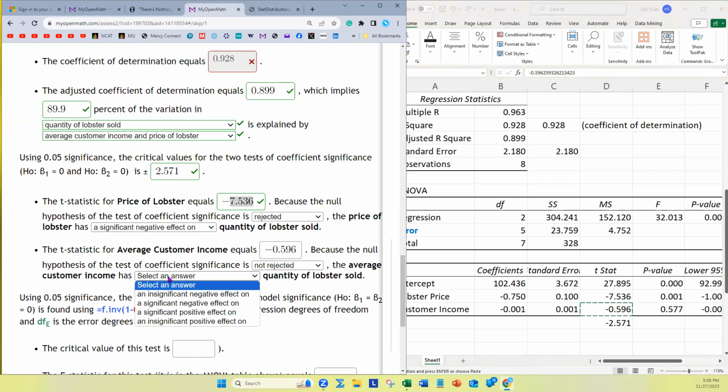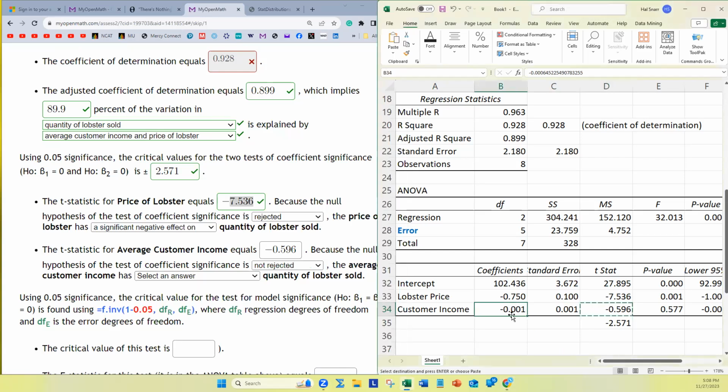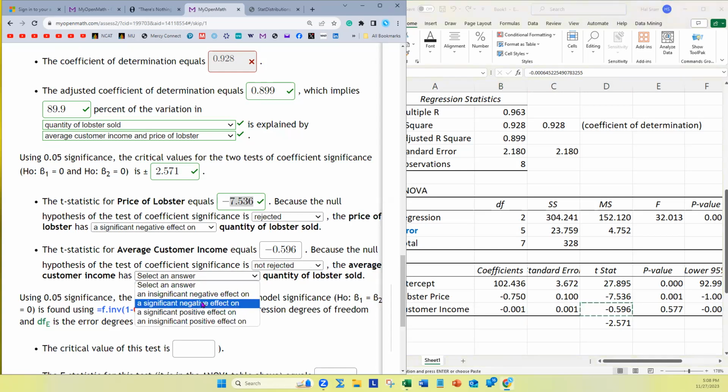So on this one, I'm going to say a negative effect, because my coefficient is negative. You might have a positive effect, right? But even if it was negative, wouldn't it be insignificant? Yeah, right. So mine's negative, so only these two work for me.